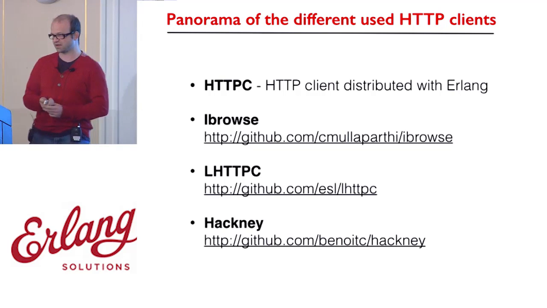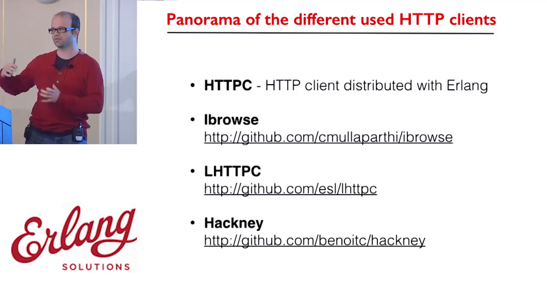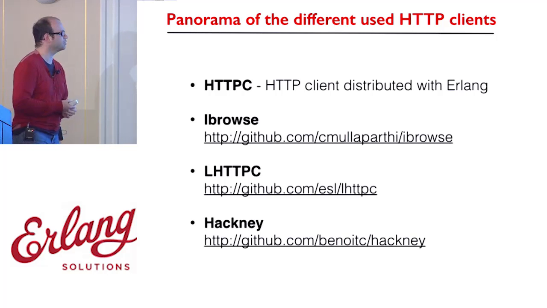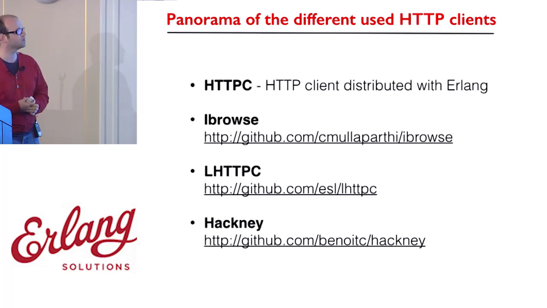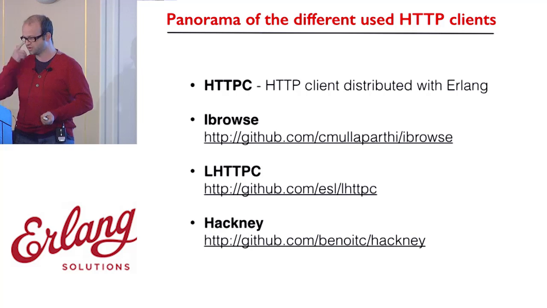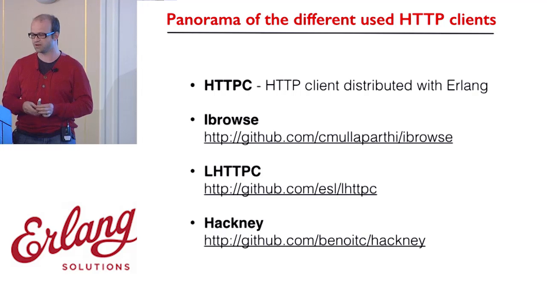The only thing I noticed with ibrowse is that it is quite slow when you have a lot of connections, at some points, to open a new connection or to get a new connection from the pool. And I'm pretty sure now that this is mostly due to the message passing used to handle the request.